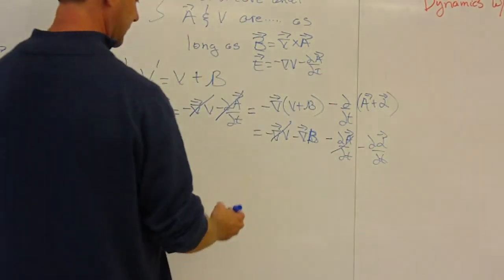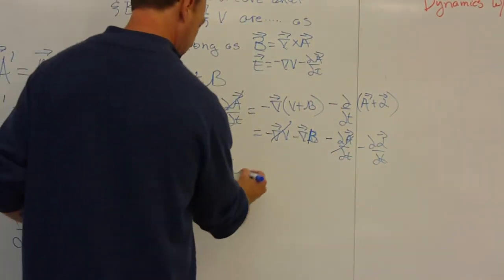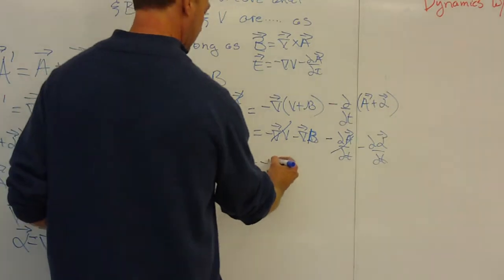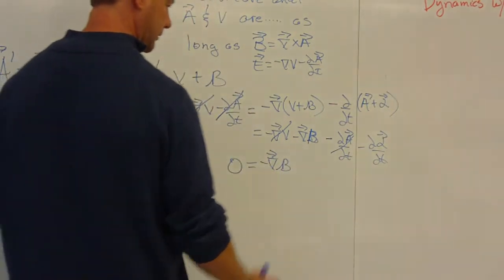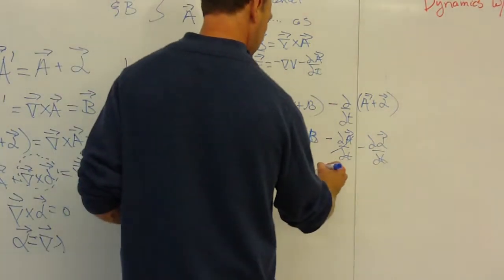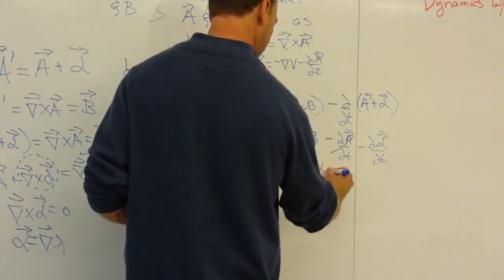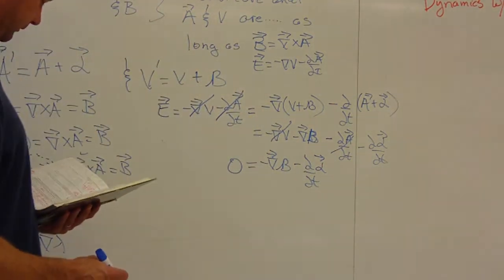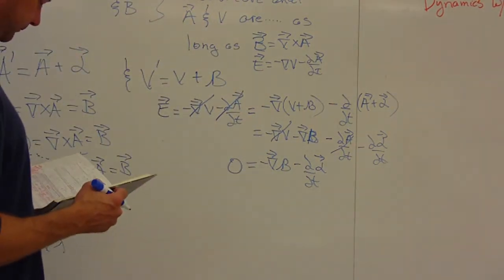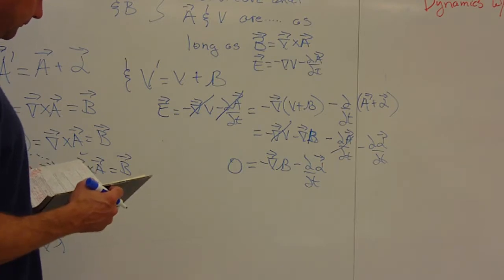So we need 0 equal to minus the gradient of beta minus the partial with respect to t of alpha. The time derivative of alpha is equal to minus the gradient of beta.